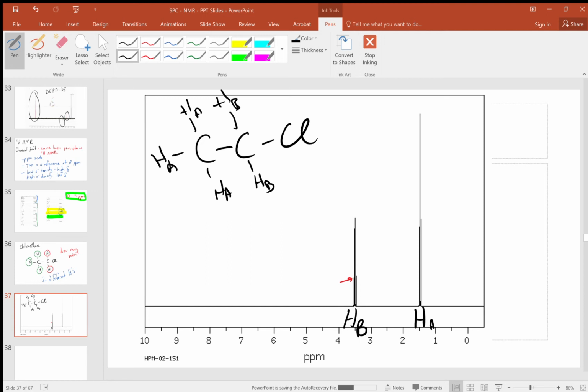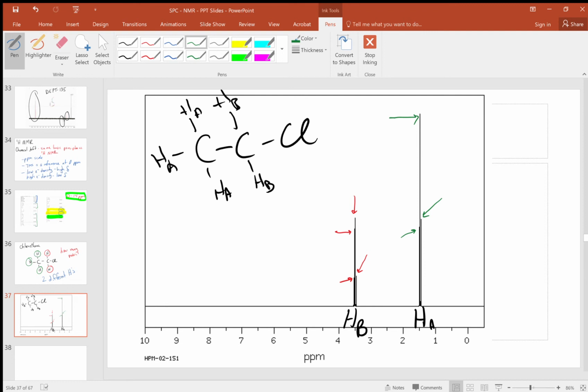But if you look carefully at each of these, you'll notice this peak for HB isn't just one peak, it's 4 peaks. Same thing for HA, it isn't one peak, but it's actually 3 peaks. So why 2 sets of peaks here?